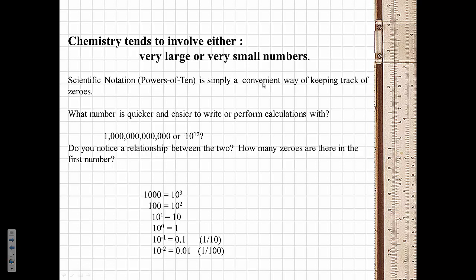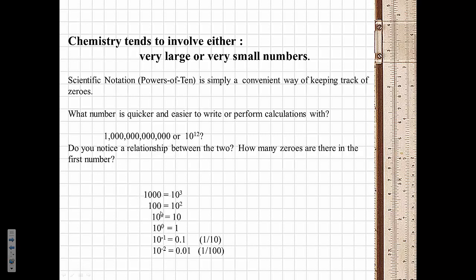And it's really just a convenient way of keeping track of zeros. I say zeros because if you notice here, there's 3, 6, 9, 12 zeros. This is 10 to the 12th. The exponent here, 10 to the 12th, is the same as the number of zeros. More accurately, it would be to say that this is a way of keeping track of decimal places. But if you want, you can think of keeping track of zeros.